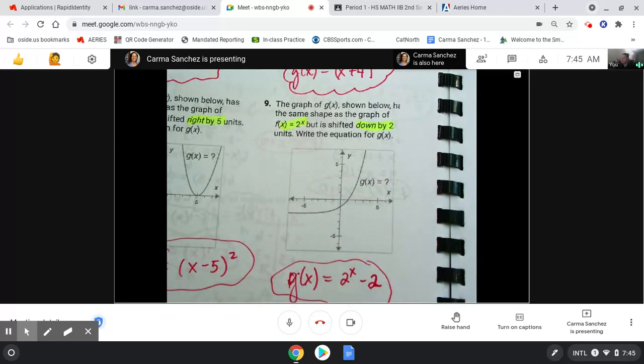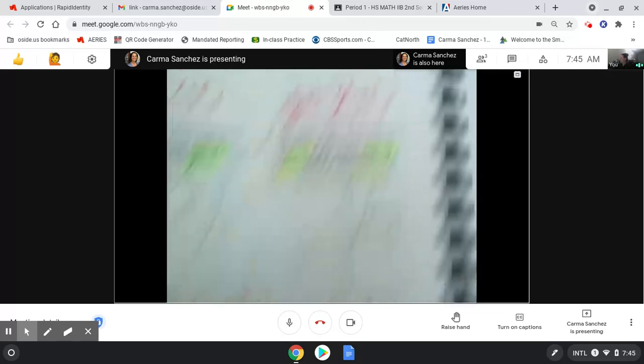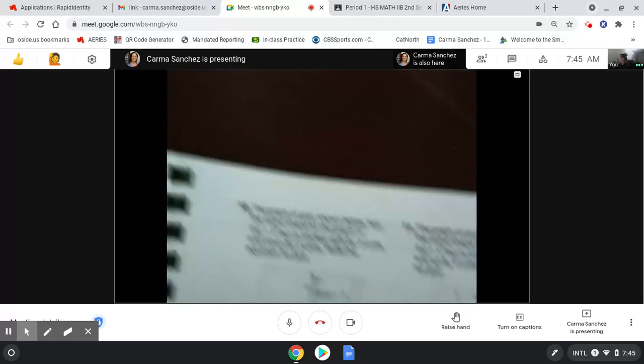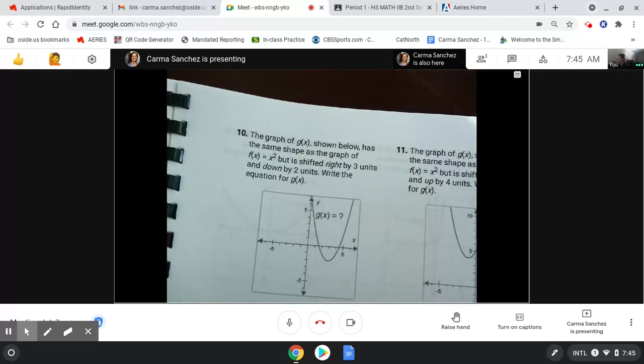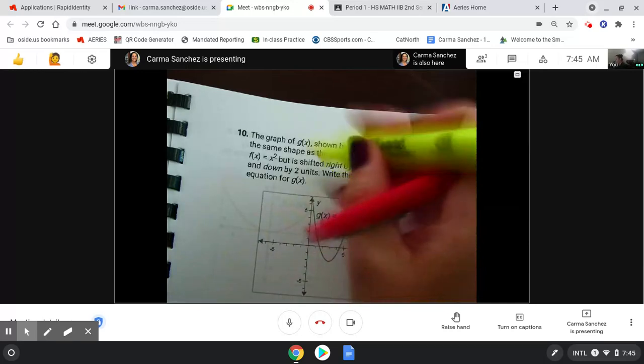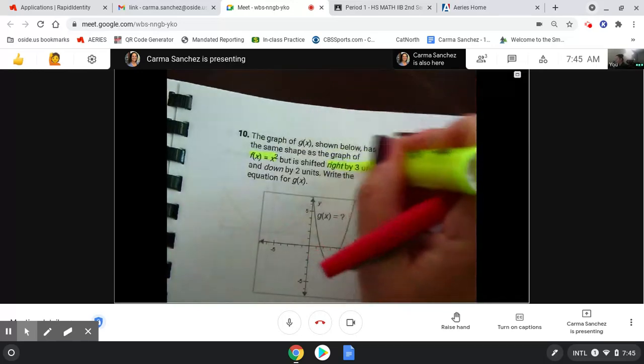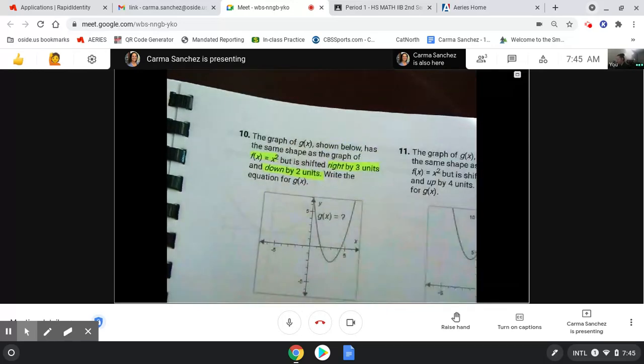Okay, let's go take a peek at the next page. All right, the graph, original parent is x squared. We're now seeing 2 shifts to the original function. The x squared is going to be shifted right by 3 and down by 2.